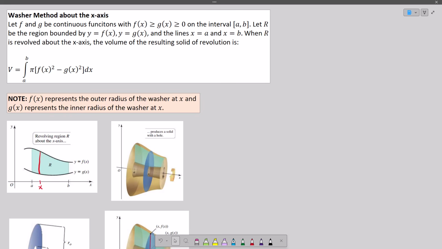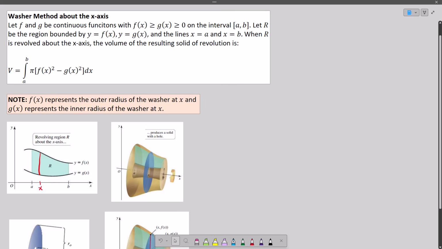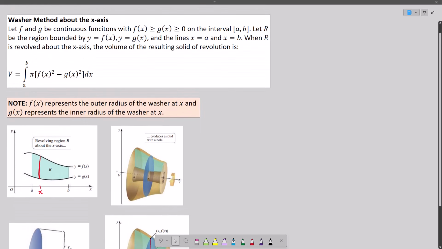So F is representing the further distance to the axis of rotation, and G is representing the closer distance to the axis of rotation. Everybody tracking on that? So it's a disk minus a disk. And if this G was 0, then we're back to where we were on Thursday. We have a pi r squared where the function is representing the radius, and we have just one disk.